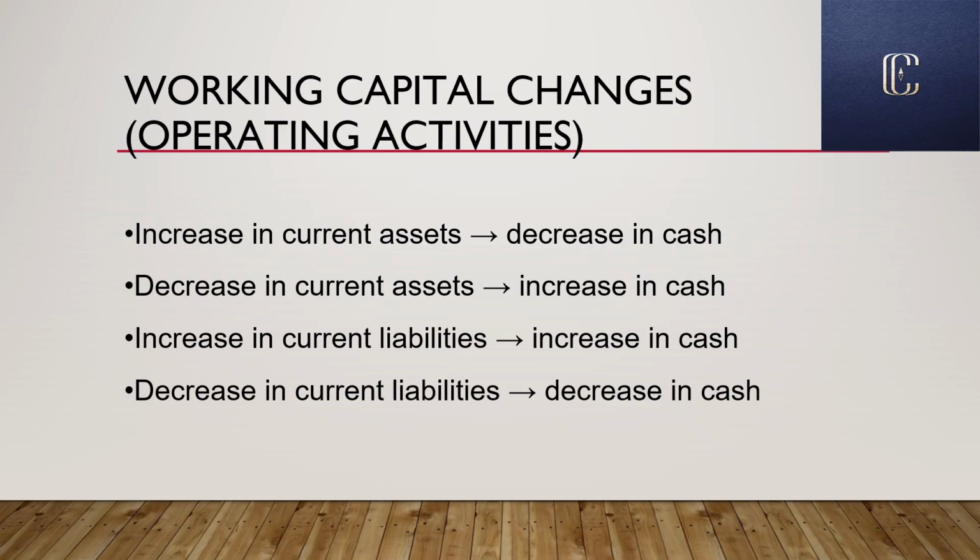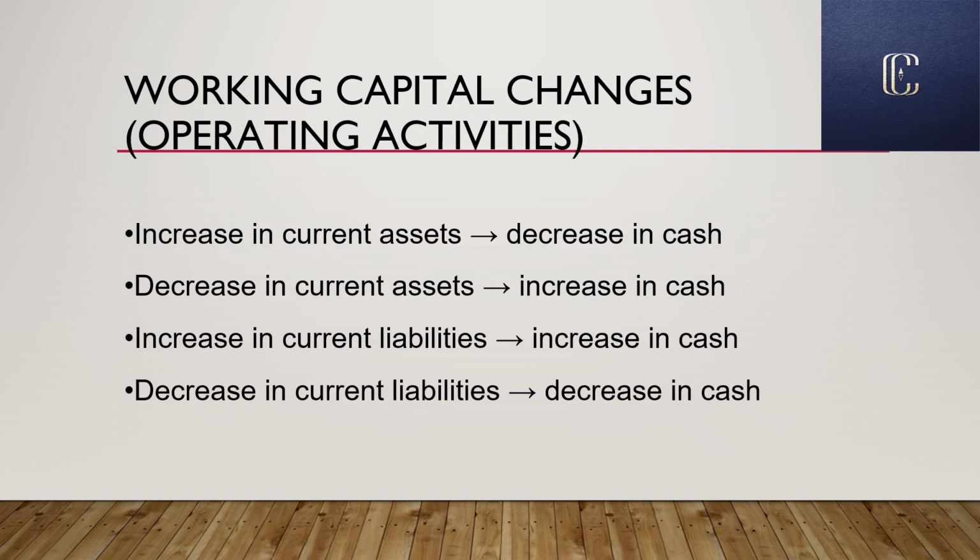In the indirect method, after adjusting net profit for non-cash and non-operating items, the next step is to adjust for working capital changes. We already know that working capital equals current assets minus current liabilities, the difference between current assets and current liabilities.